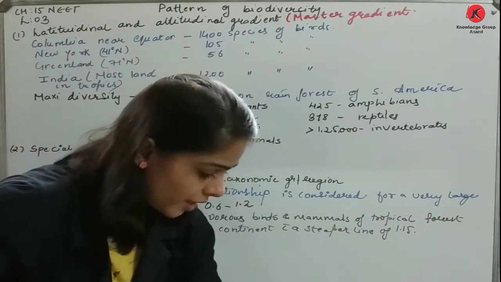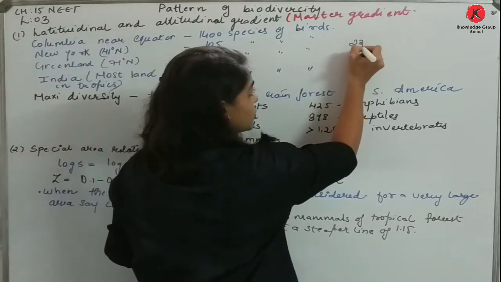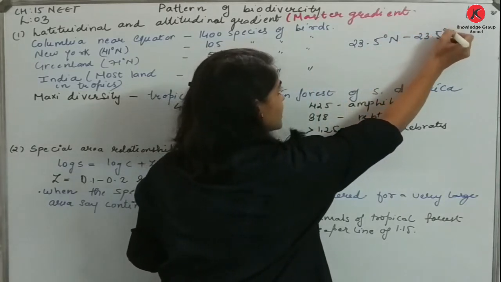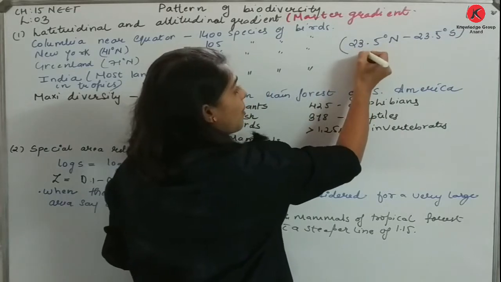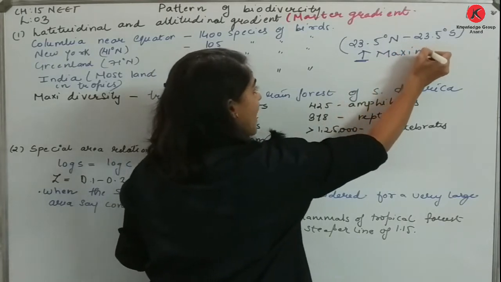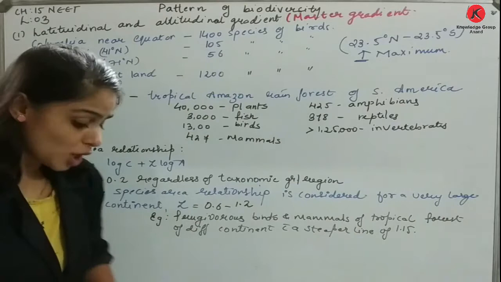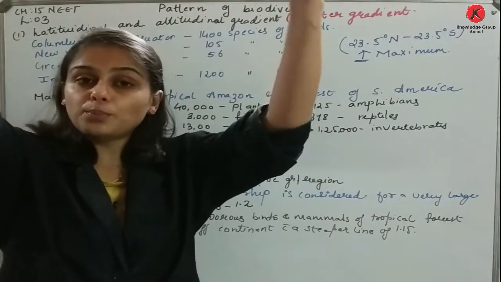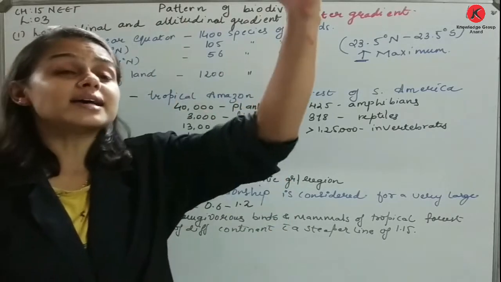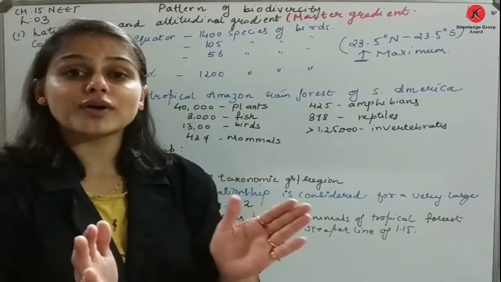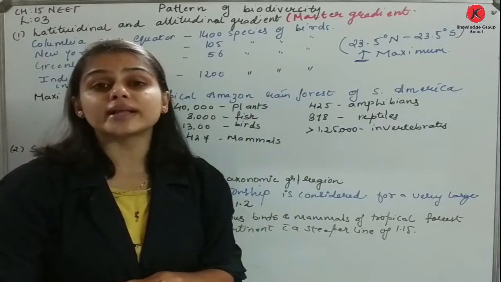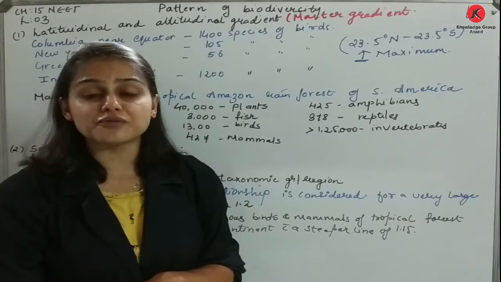To be more specific, from 23.5 degree north to 23.5 degree south, the biodiversity is maximum. So once again, what I told: at the polar region diversity is very little. As we move down in the temperate region, biodiversity is a bit more. It is maximum in the tropical region, say 23.5 degree north to 23.5 degree south.